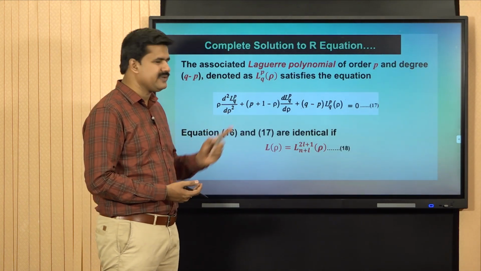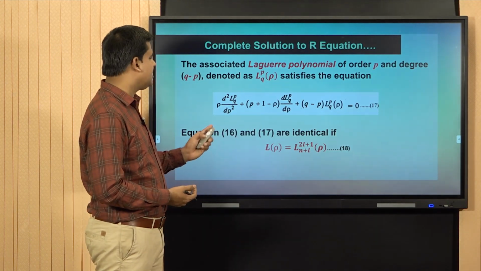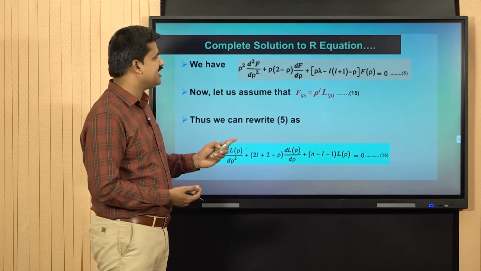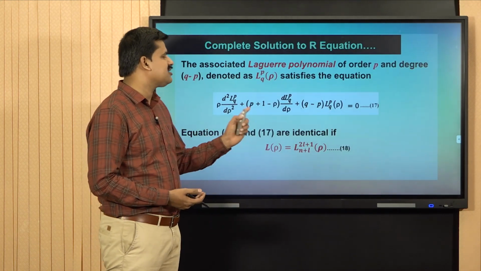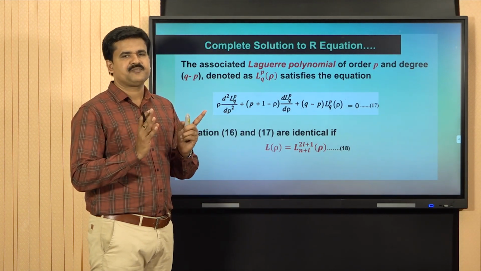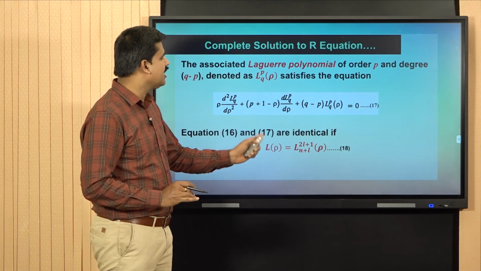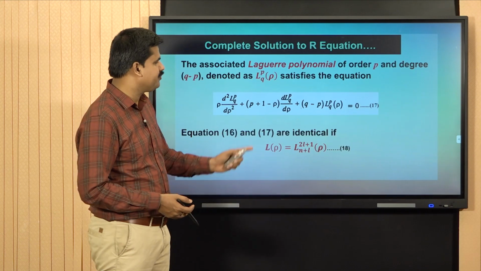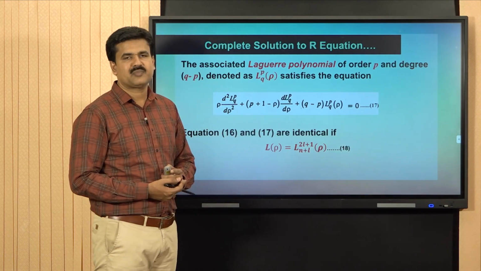And this equation, equation 17, is identical with the previous equation, equation 16. Equations 16 and 17 are identical, and this equality holds good only if L rho is equal to L n plus L raised to 2L plus 1 rho.